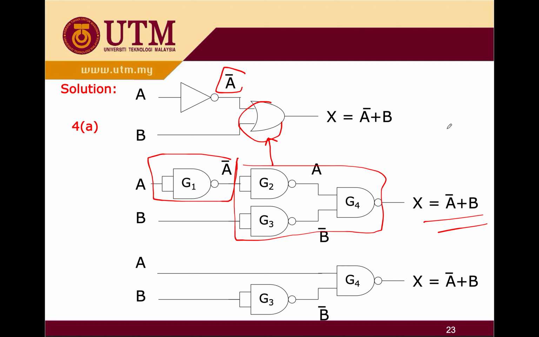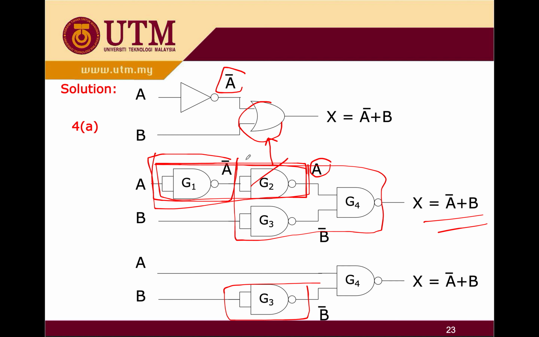And after you simplify it, you can just make it as 1 direct from here, and this part also is 1 direct, which is you inverse, you will get A also.